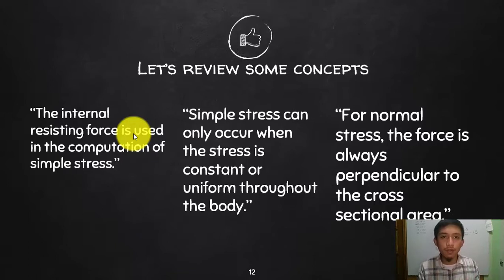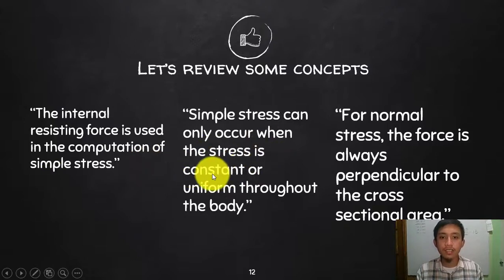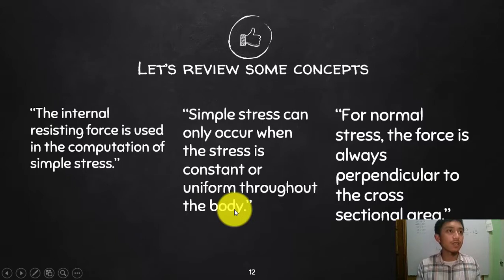Member forces of a truss. Simple stress can only occur when stress is constant or uniform throughout the body. Again, as I've explained, the actual scenario is that the force acts three-dimensionally in different directions.